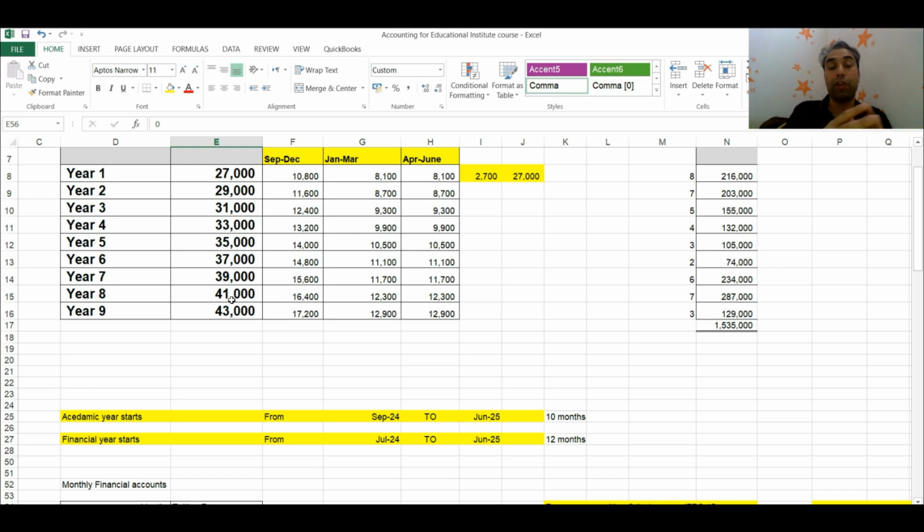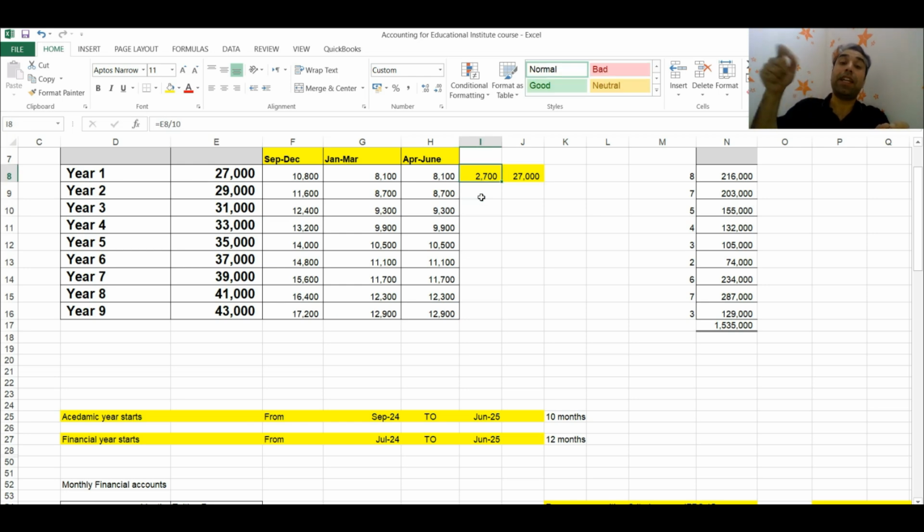There is a possibility you might have received the full fee in the month of July, but you will start to satisfy your performance obligations from the month of September to December, January to March, and April to June. So monthly you will be satisfying the performance obligations, which is you are providing the tuition services.